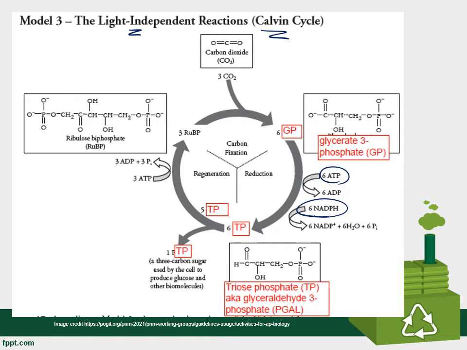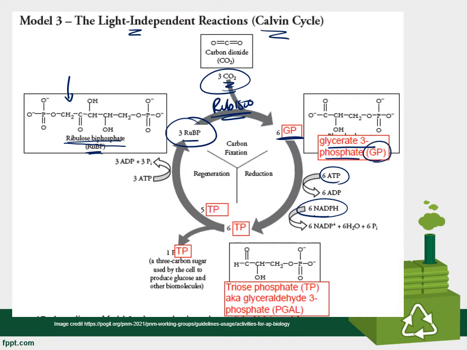So what happens in Calvin cycle? We're going to take that carbon dioxide that diffuses into the plant. It is going to get bound to RUBP, ribulose biphosphate, also called RUBP, this molecule right here. The enzyme that makes this happen is called Rubisco, most common enzyme on the planet. So CO2 plus RUBP is going to make 6 molecules of this stuff called glycerate 3-phosphate.